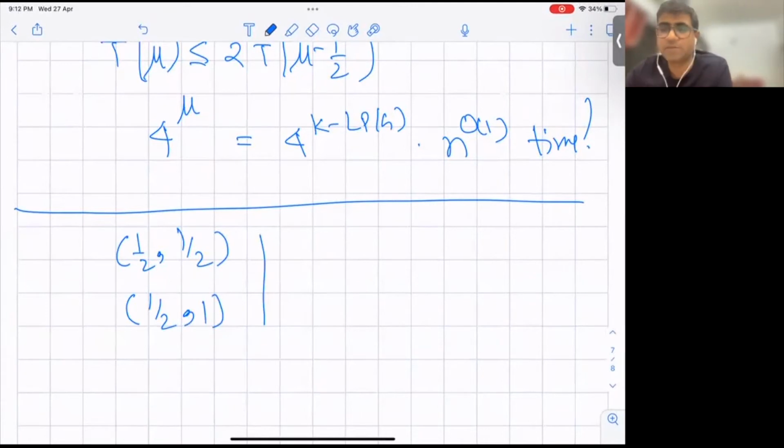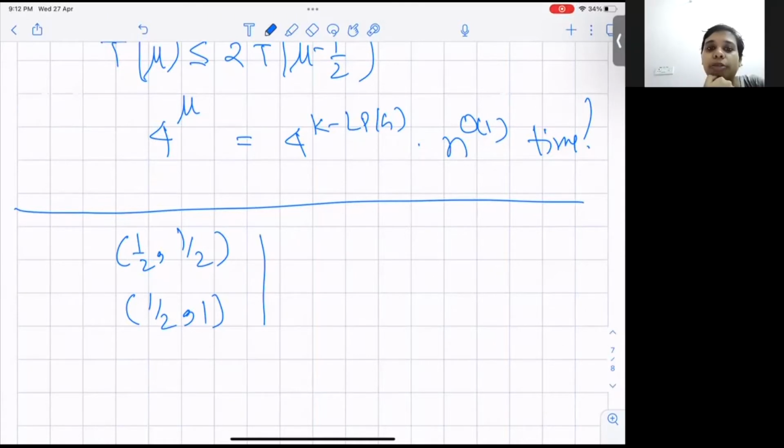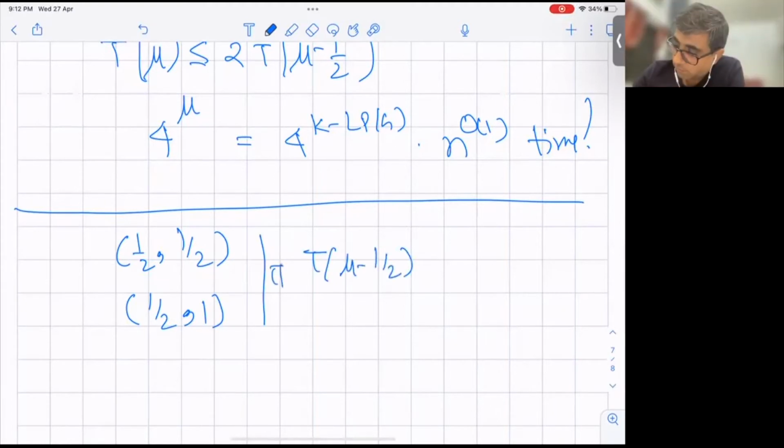Then what will the running time of this algorithm be? T of mu minus half plus T of mu minus 1. What does that correspond to? What will this lead to? What's the number?